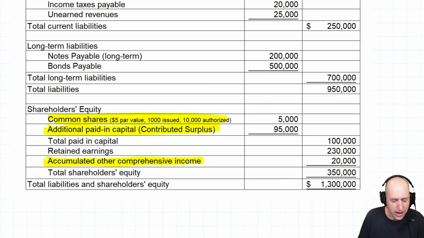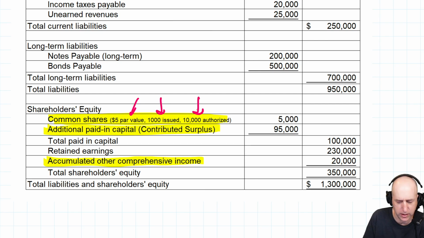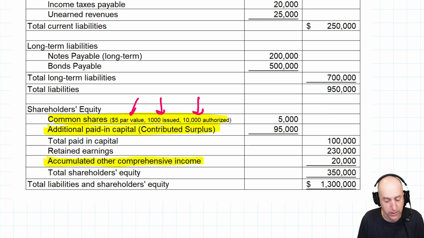But when we get down to the equity section, something you're going to find is when we discuss our common shares, we note the par value, if there is par. If not, we say no par. The number of shares issued and the number authorized, that's going to appear on the face of our balance sheet. We'll also have this additional paid-in capital. That's, again, for Americans. Contributed surplus for my fellow Canadians.